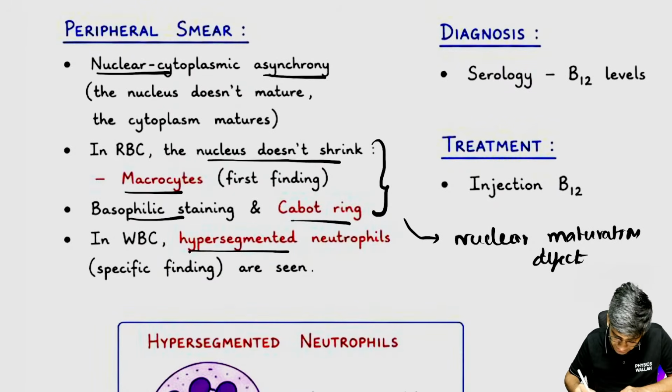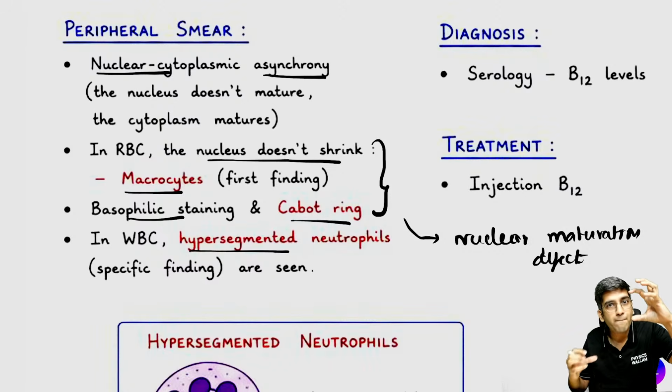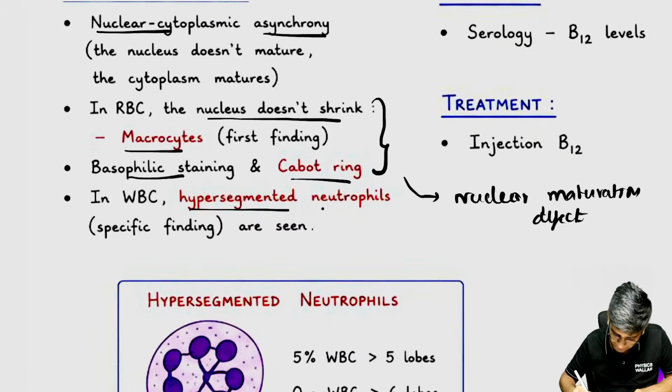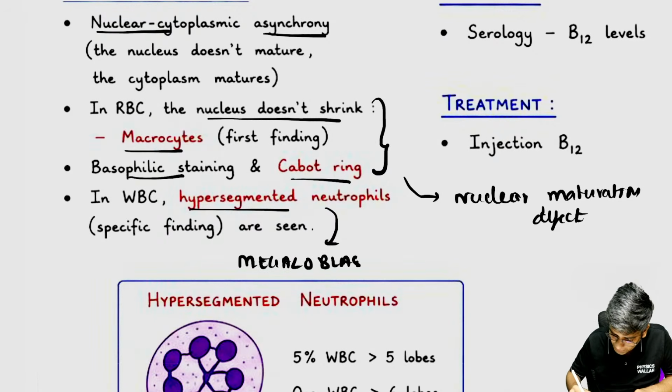In WBC, again, it's a so big megaloblast. They're not maturing, not becoming smaller. When they exit the bone marrow, they form more lobes.